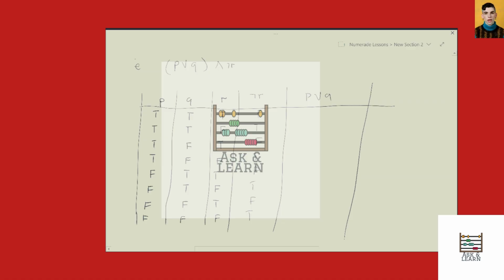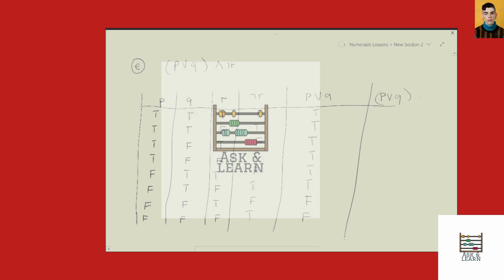This is the E part. So we have P or Q, that is true, that is true because one of them is true, that is true, one of them is true, one of them is true, one of them is true, both are false, so that is false, both are false, so that is false.